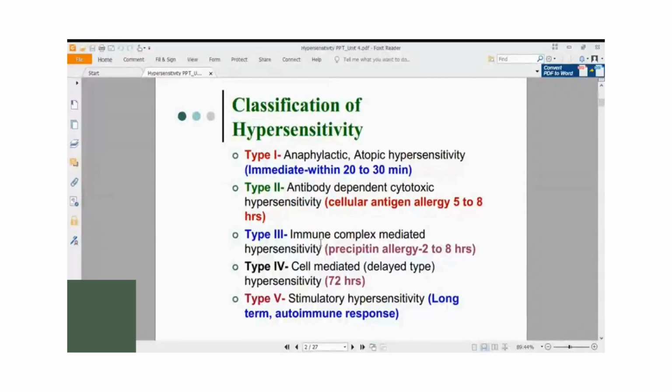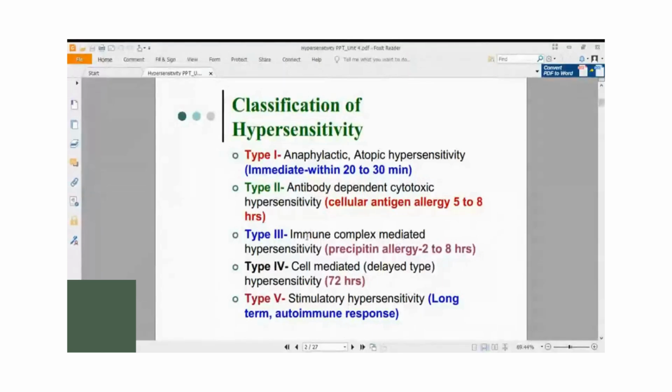The moment the horse antibody is given as an antivenom treatment to the human being, that human being will recognize the horse antibody and mount an immune response against it. That is called precipitin allergy. And the reaction is so adverse that if it is not controlled, it would cause severe kidney damage.